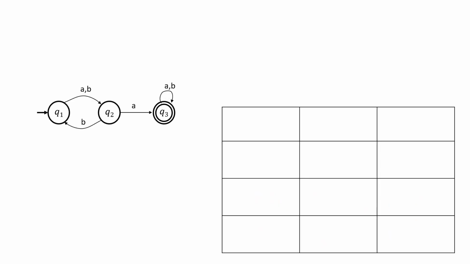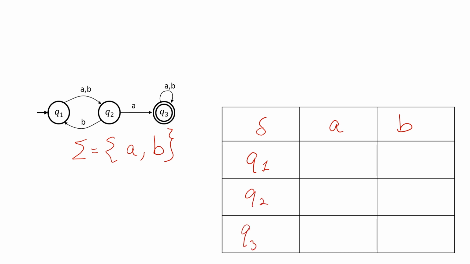I want to look at this example in a little bit more depth and talk about what all the delta transitions are. In this case, the alphabet is A and B, and I define delta on every letter and on every state: Q1, Q2, and Q3. I can say delta of Q1, A is going to be Q2.